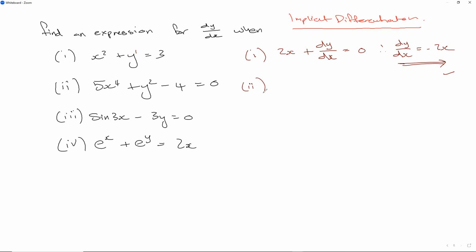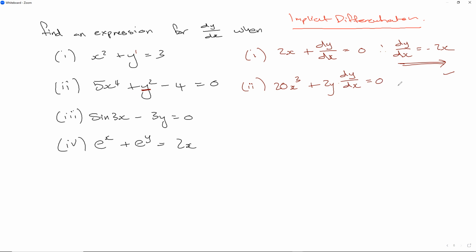For part 2, derive the first part, which is going to be 20x^3 plus 2y, because I'm deriving this, but it's not with respect to x. So I have to multiply by dy/dx, which I'm going to make the subject of the formula, and then minus 0, because the derivative of 4 is 0.